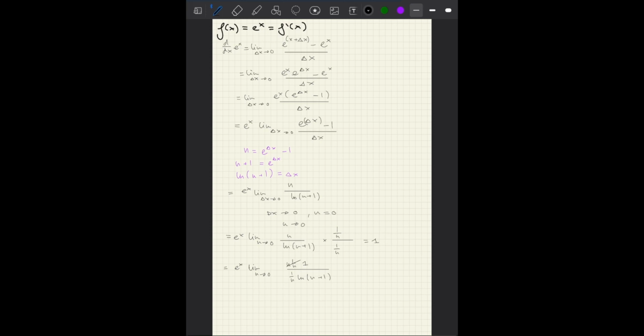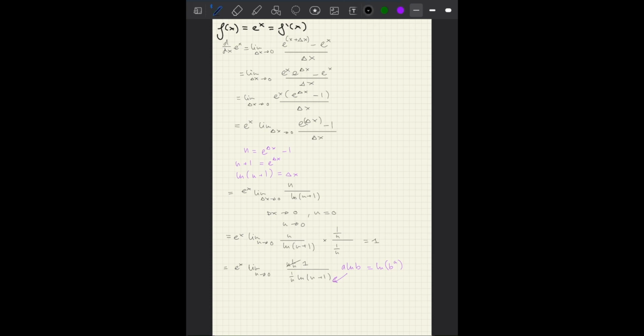And what we can look for in here is, how can we rewrite this? And we can rewrite this using a natural log property. The one that I'm talking about is where you have a times the natural log of b, for example. You can rewrite this as natural log of b to the power of a, right? And we can use this right here.